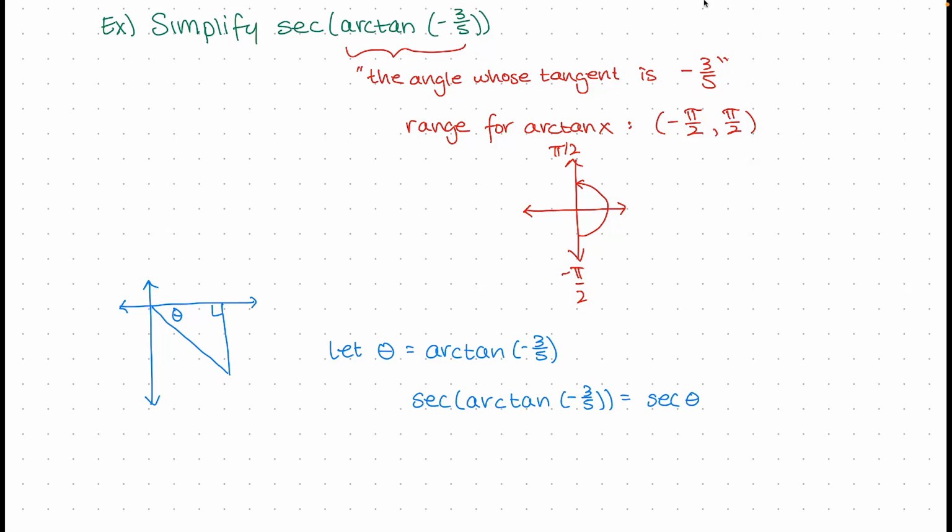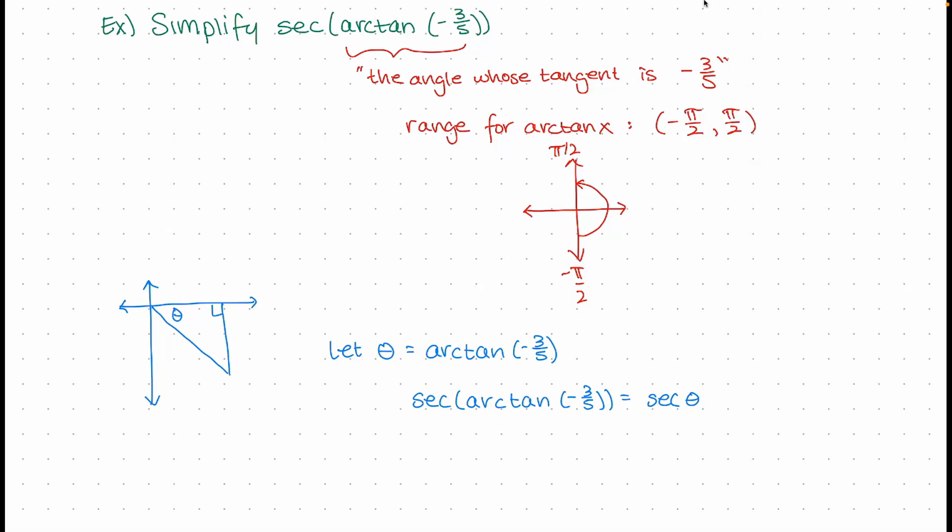And now I have a triangle that I can easily use to answer what the secant of theta is. In terms of opposite, adjacent, and hypotenuse, anybody remember what the ratio is for secant? Hypotenuse on top, and hypotenuse over adjacent.